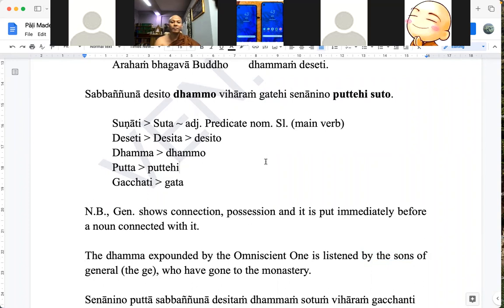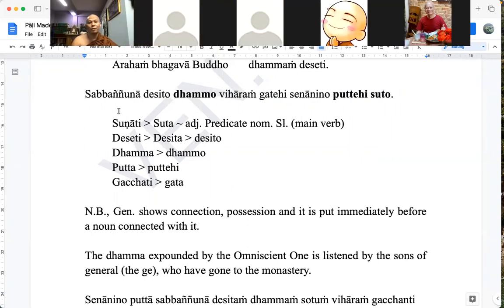So how to write it in Pali? So you want to say: by the omniscient one who has gone to the monastery?